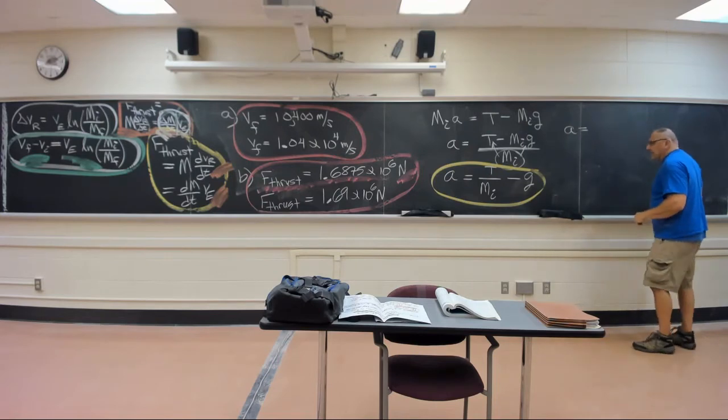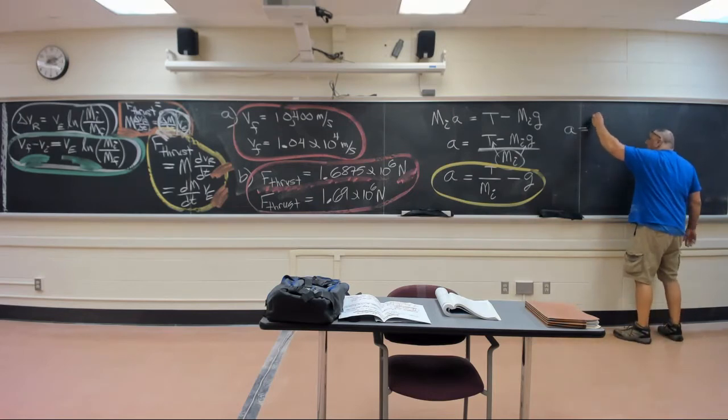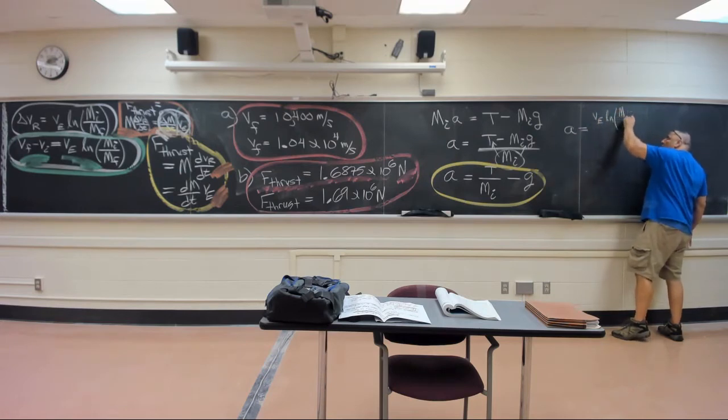What's the thrust? Thrust is a lot of stuff, guys. Thrust is a constant. Why is it a constant? Because VE times ln of the ratio mi over mf, where mi and mf are locked in. This is the initial, this is the final.